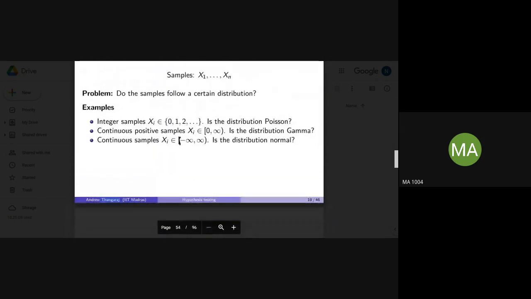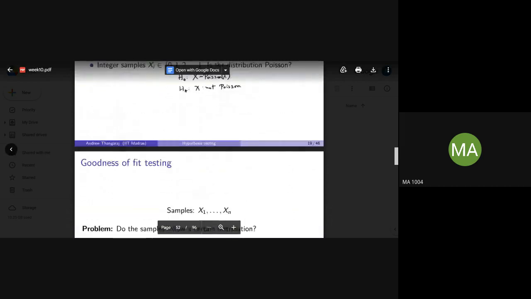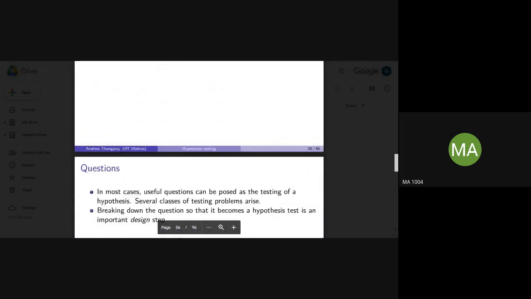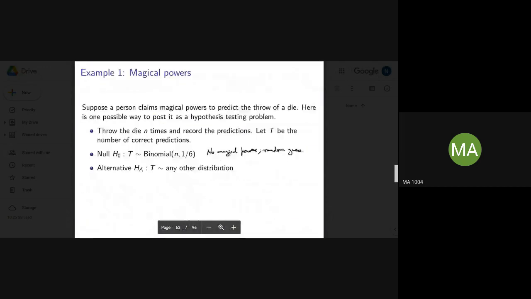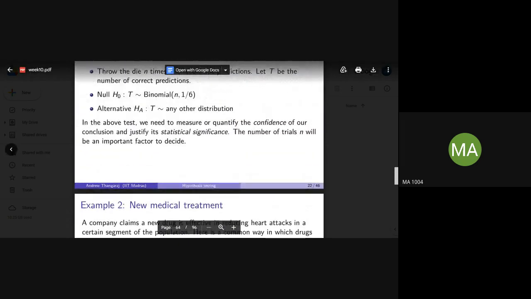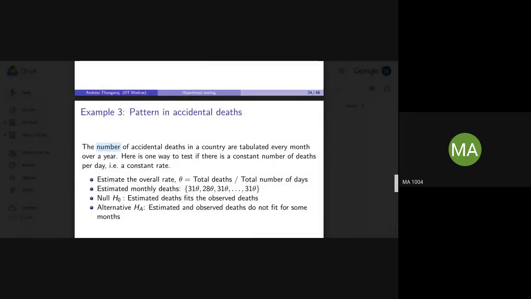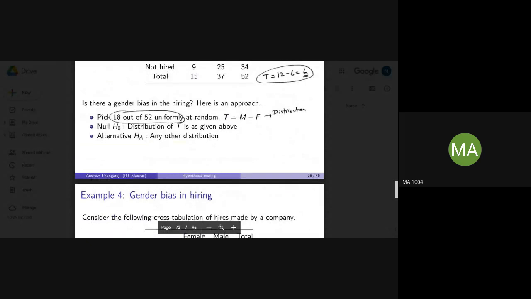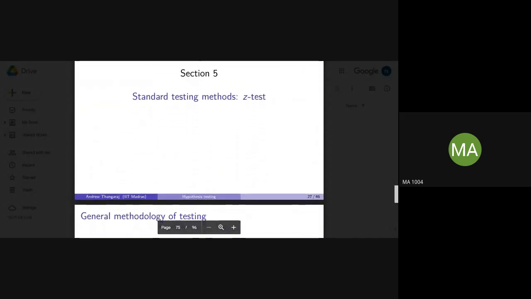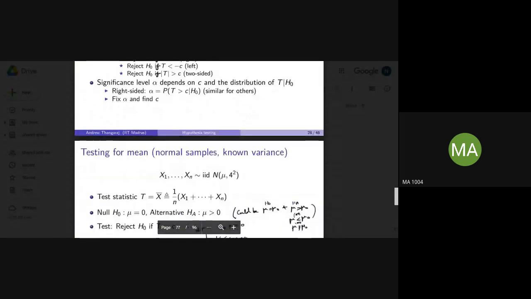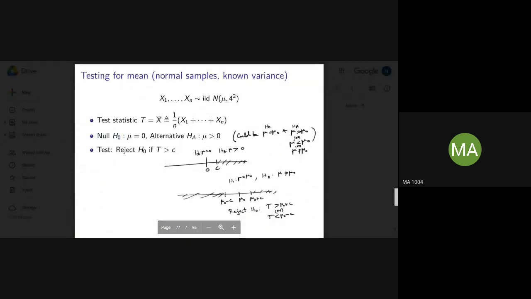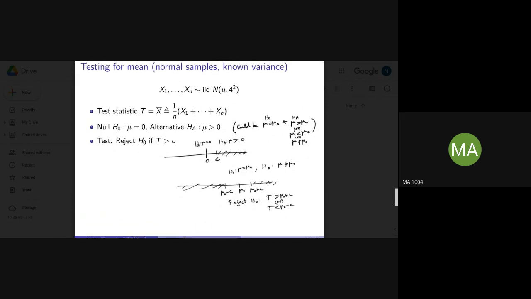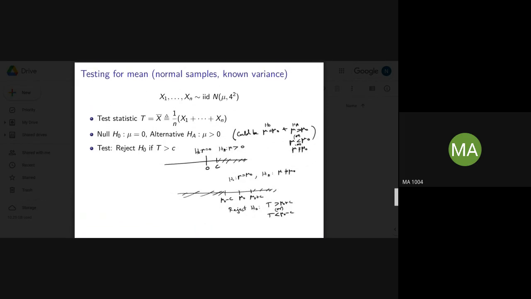We are going to see this later. Like here also you can see the figure for when you are rejecting, which is your acceptance region and which is your rejection region.